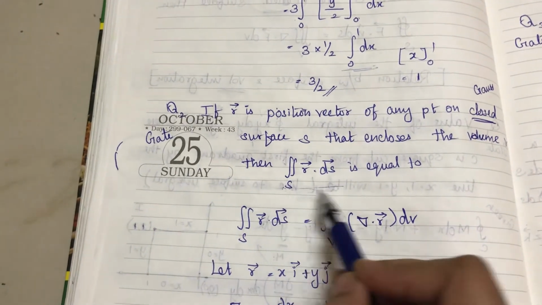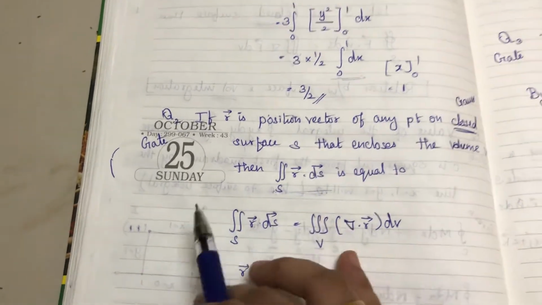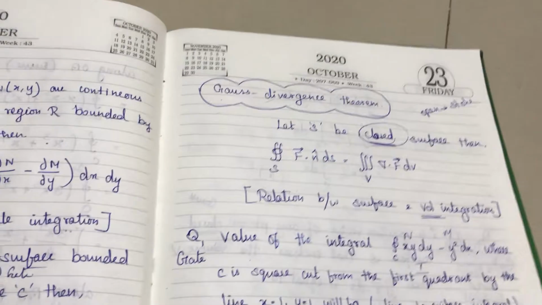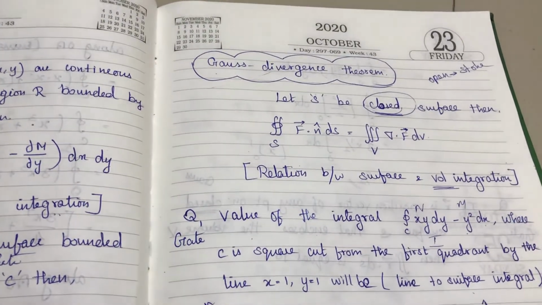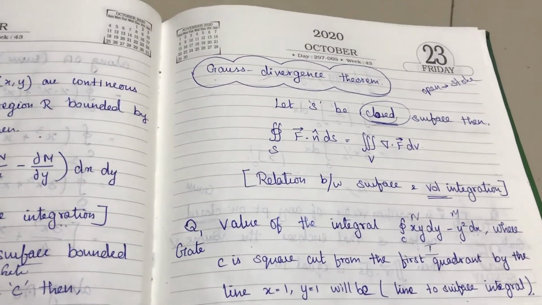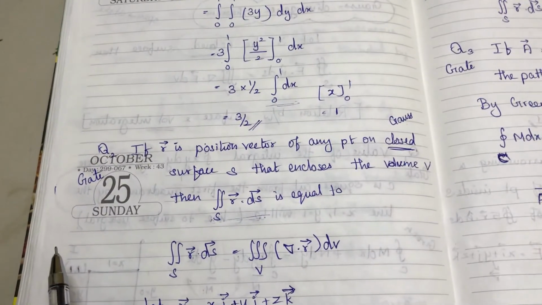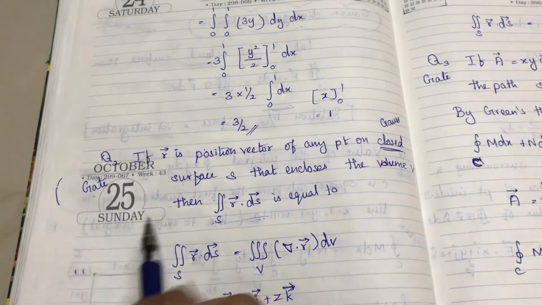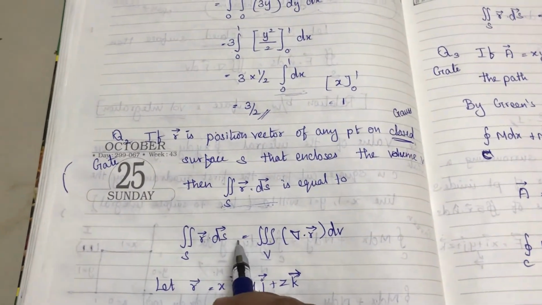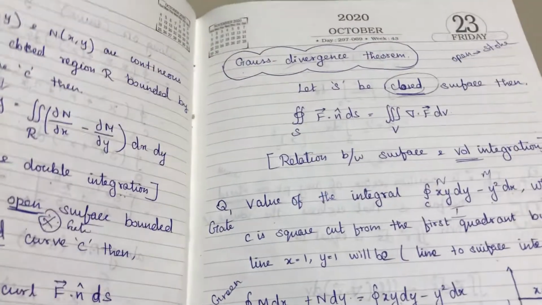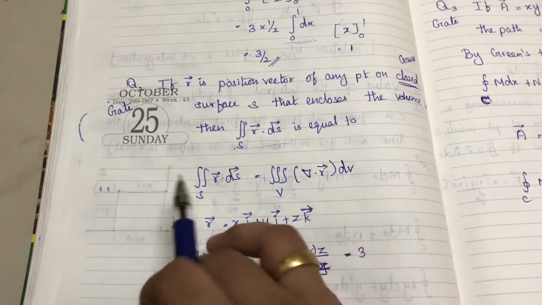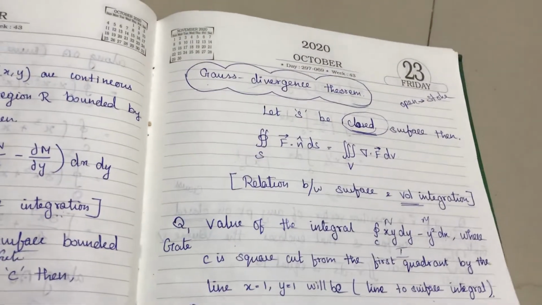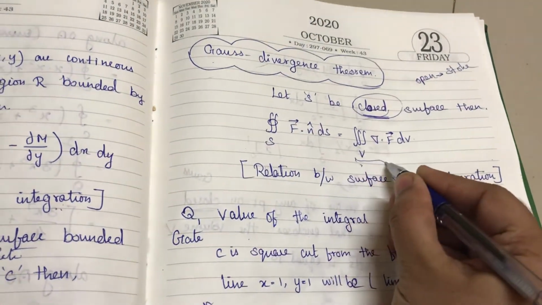This is the left hand side of the Gauss theorem. You can see here, Gauss is the double integration of F vector dot n cap dS, the same here, F vector dot dS. They have given these things, and we need to find the left hand side.